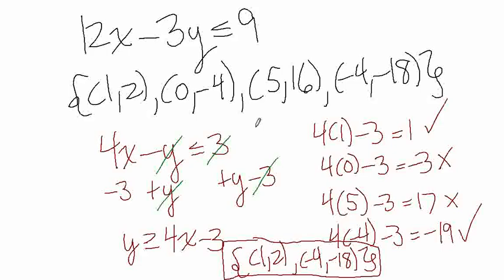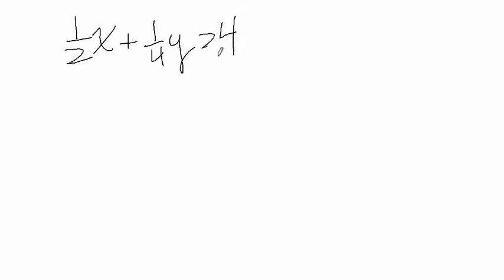Now, I'd like you to do one more exercise. Would you please determine what elements of a set of points are a solution to this linear inequality: 1/2 x plus 1/4 y is greater than 4.